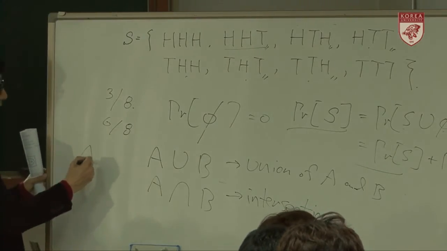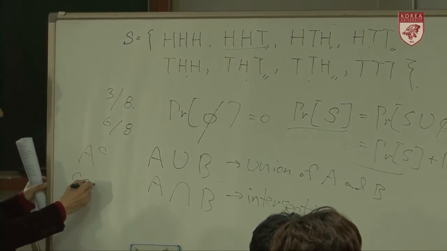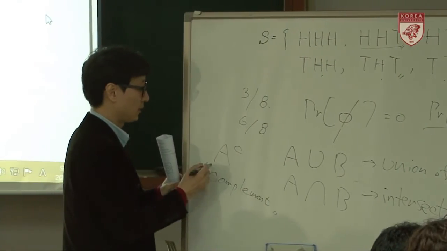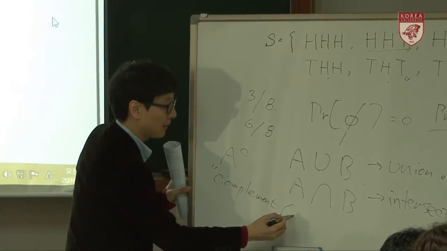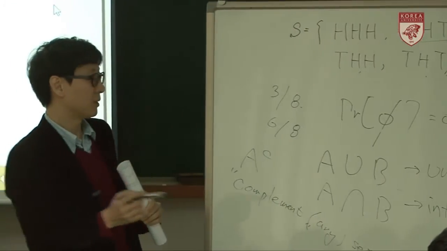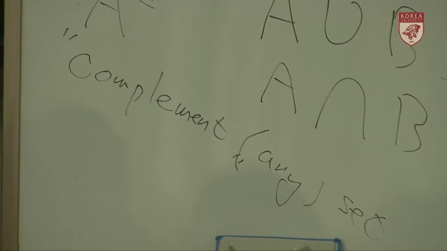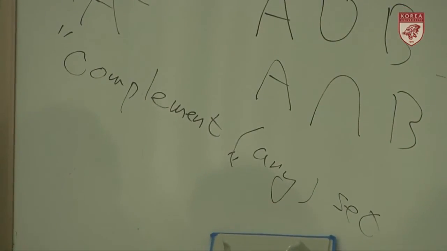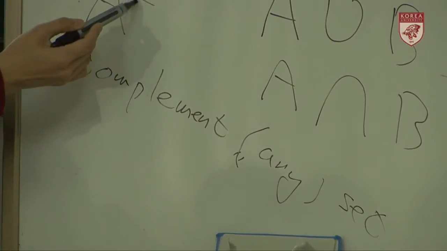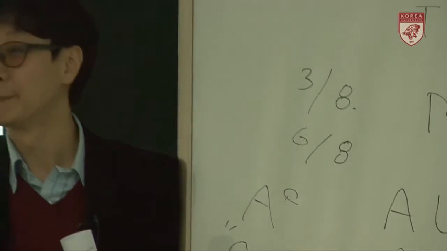And A^C, this C denotes complement, or complementary set. Complement is the noun, and complementary is the adjective. Am I right? Adjective. Anyway, this C denotes the complement. In Korean, 여집합. Okay.